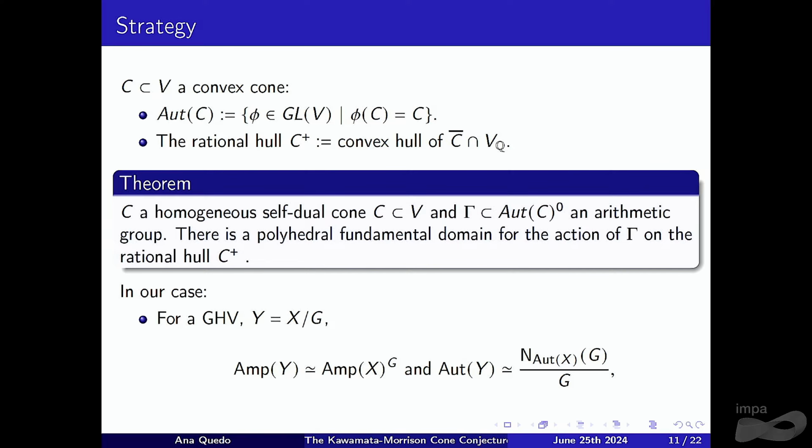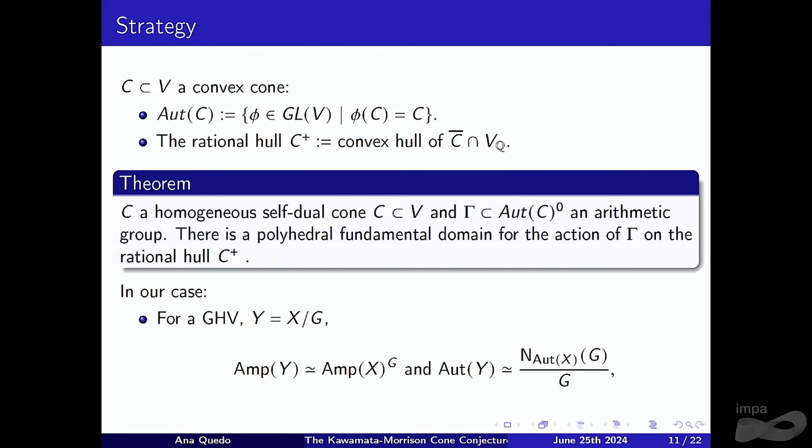What we could do is because our ample cone and our automorphism group can be written in terms of the ample cone and the automorphism group of the original variety, in the sense that the ample cone of Y is the ample cone of the fixed elements, the elements that are fixed by G on the original ample cone, and the automorphism group is the normalizer of G in the automorphism group, quotient by G.